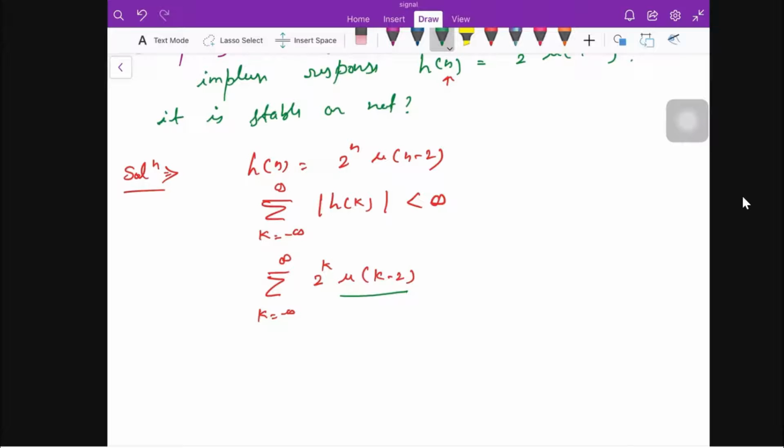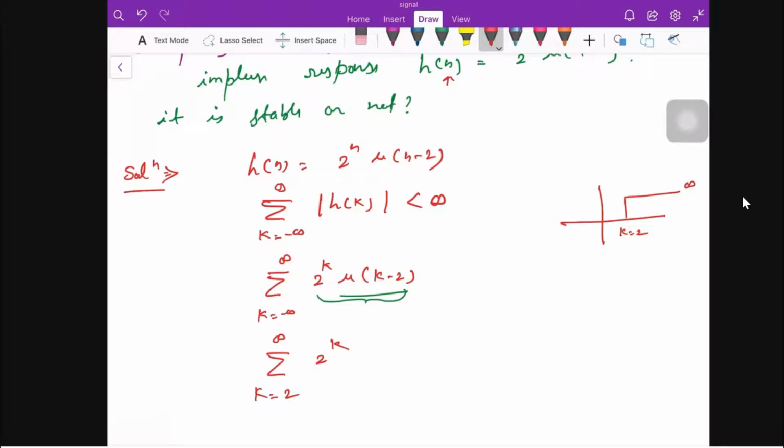So one thing is clear: your response here starts from k equal to 2 and goes toward infinity, meaning the value of k will be starting from 2. I hope this point is clear, because if you draw u[k minus 2], it is going to start from k equal to 2 and go up to infinity. That's why I have started here with k equal to 2 to infinity of 2 to the power k.